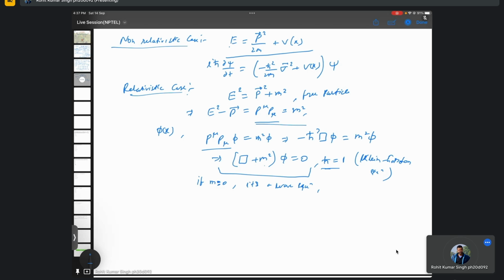Because if m is equal to 0, then we have only this, and this is nothing but this thing, right?